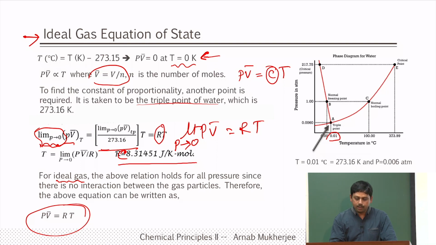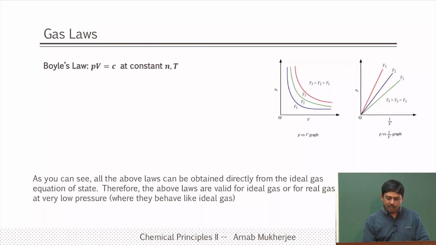So, the ideal gas equation of state basically can be an experimental observation from the limit of using real gases at a dilute limit. This ideal gas equation of state also can be obtained from gas laws by Boyle, which said that PV equals a constant at constant number of moles and temperature.